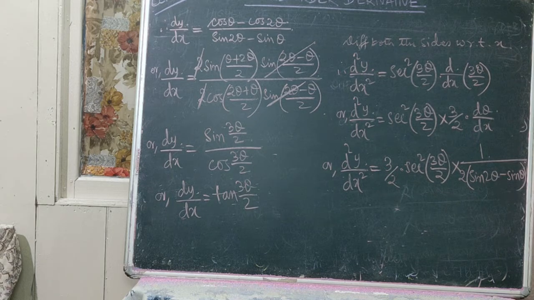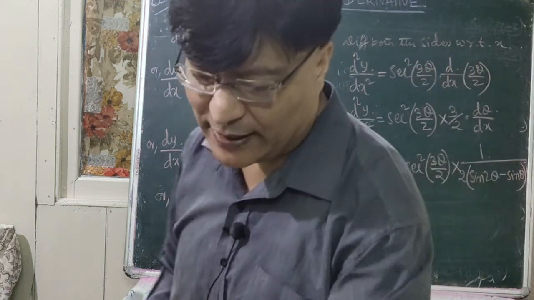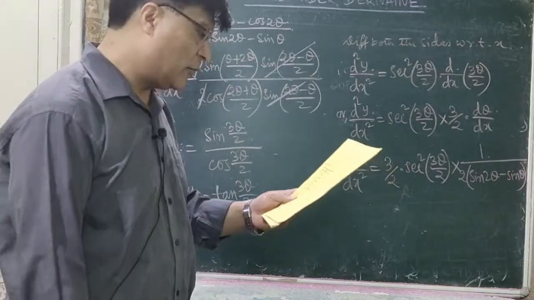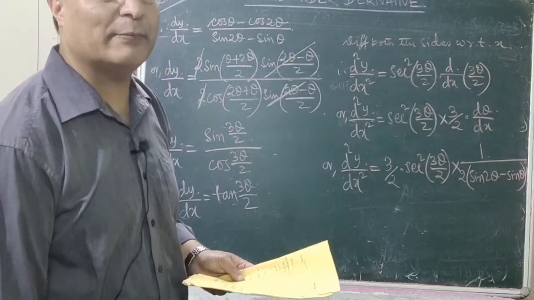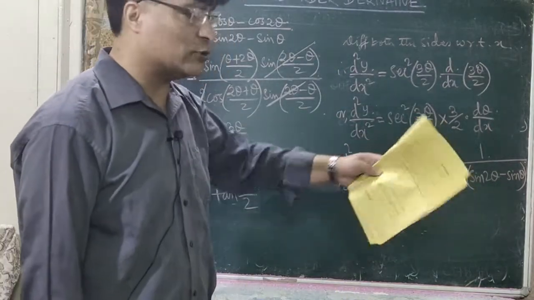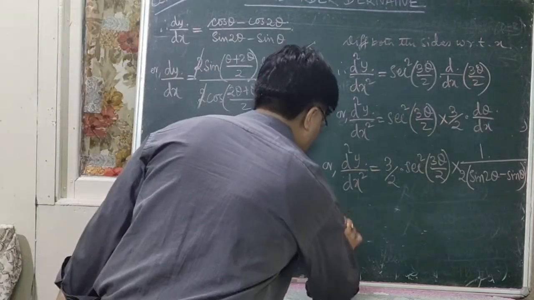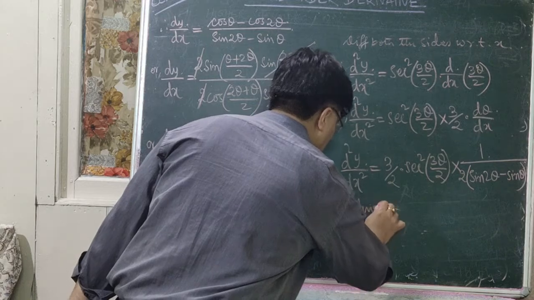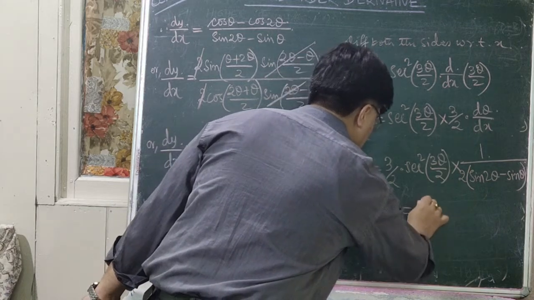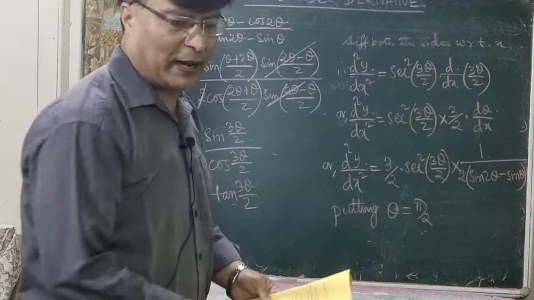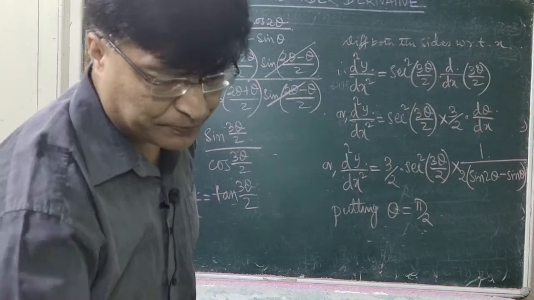Okay. But in this case, you have to get the value for d2y by dx square when theta is equal to pi by 2. Now in this case, you can put the value for theta, which is equal to pi by 2. So putting theta is equal to pi by 2, let us put it now.